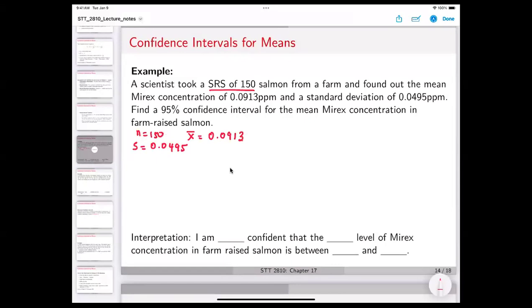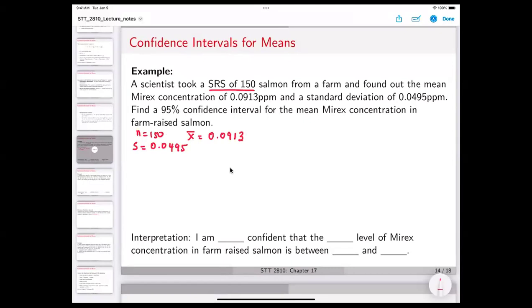It is very important that you are able to distinguish what you were given. Is it the population standard deviation or the sample standard deviation? In this situation, you could clearly see that he took a sample of 150, and the measurements he took are sample based. So the mean is a sample mean, and the standard deviation is also a sample standard deviation. Is that okay?